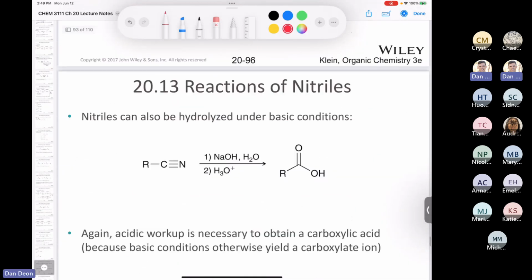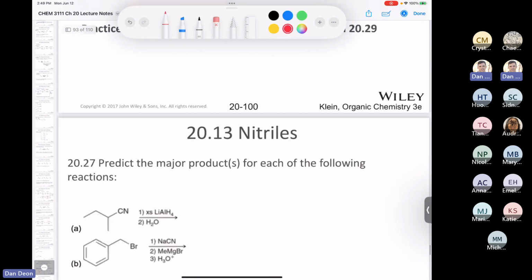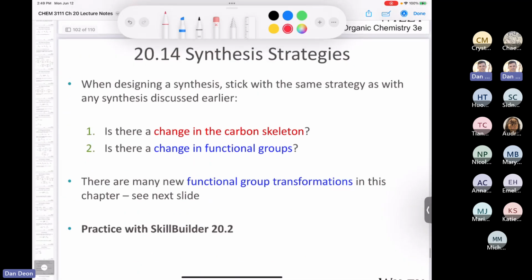And then once we're done with nitriles, then we'll be able to say that we've covered all the chemistry in the chapter, okay? So we'll take a short break. We'll take a look at amides and nitriles, and that will at least have us finish the chemistry, so that on our next class on Wednesday, we can just practice some synthesis problems, and that'll get us wrapped up with chapter 20.